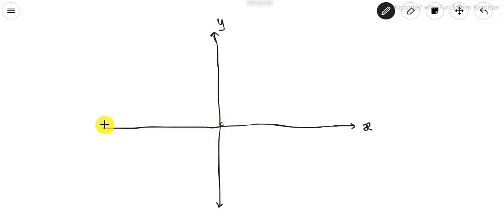And all of you know the coordinates on the x-axis and coordinates on the y-axis. Here it is the 0 coordinate, and on the right hand side of the x-axis there are the positive values 1, 2, 3, 4.